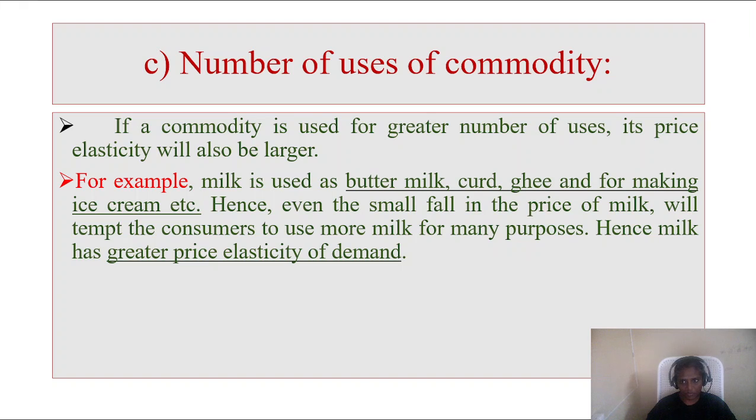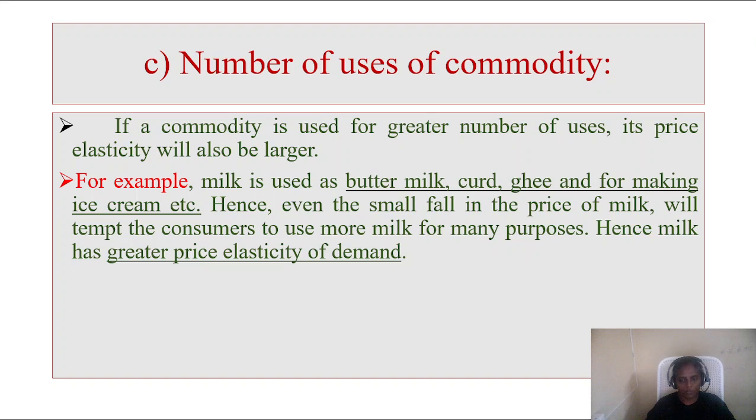If the price is still very low, we will use the same commodity for multiple purposes, like making more chutneys, pickles, and sauces. So when the price decreases, the multiple usage and the demand for the commodity increase.